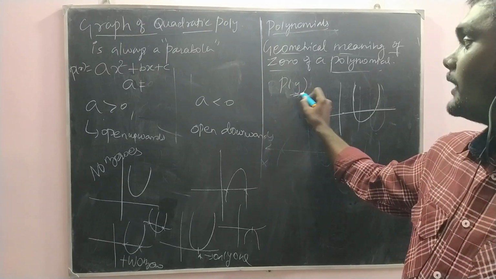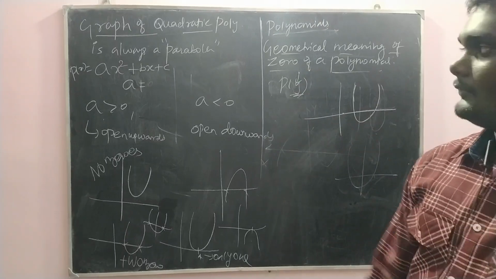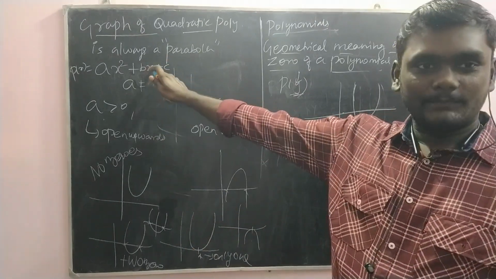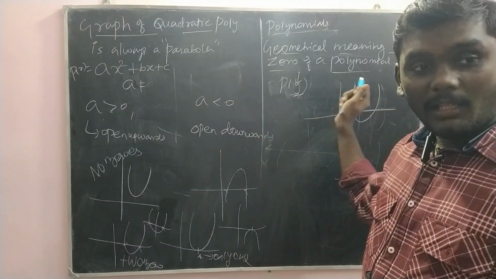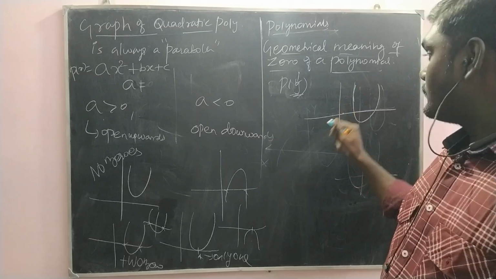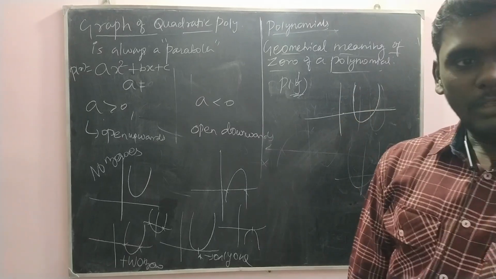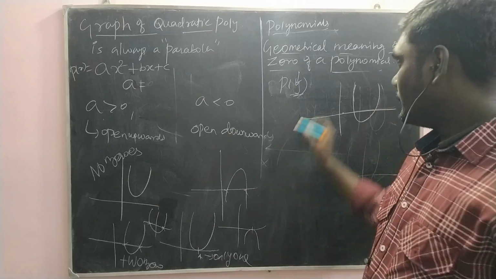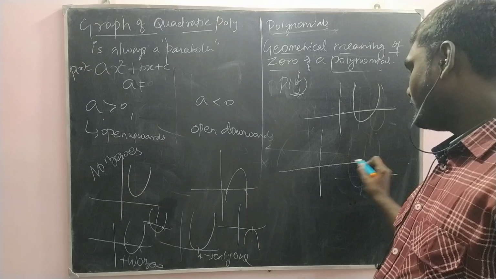When it is P of y, we should focus on the y-axis, not the x-axis. Here it was P of x, so where it touches the x-axis, that is the zero. When P of y is there, we should see where it touches the y-axis. Got it? Whatever question I ask after this is for P of y.